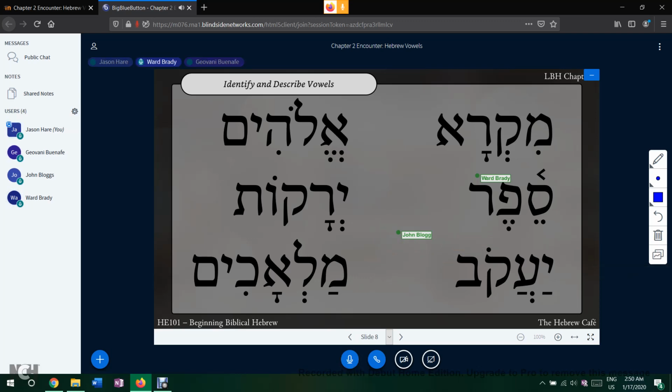Malachim. Any idea what that word means? Something about a king. Very close. It sounds like a king, doesn't it? It's because of the aleph inserted. This is the word for angels. The word for king is melech, and angel is malach. You hear the break in the middle of the word with that aleph?